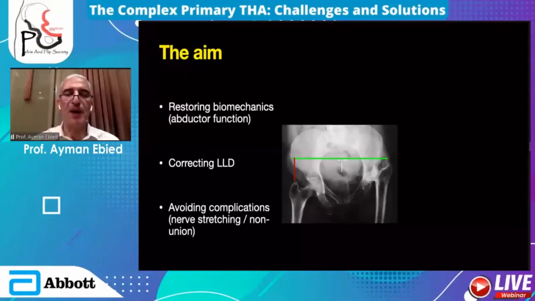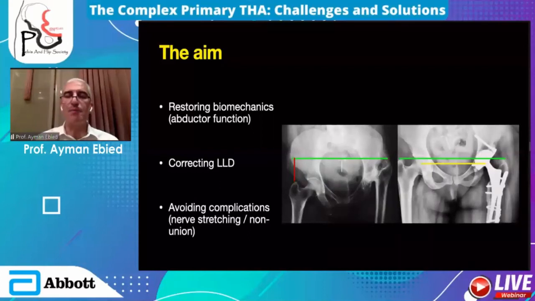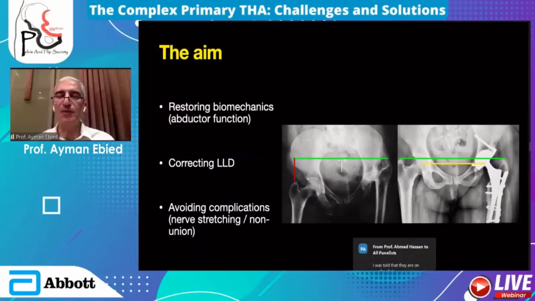discrepancy, we are faced by the problem that there are limits for the soft tissue release, and there are limits for the tension that we can place on the femoral as well as the sciatic nerves. Therefore, it is very important to think of the correction. On the left-hand side you see the preoperative X-ray, and the postoperative X-ray with the hip offset brought to be similar to the other side, and the center of rotation of the hip down to the true floor of the acetabulum.